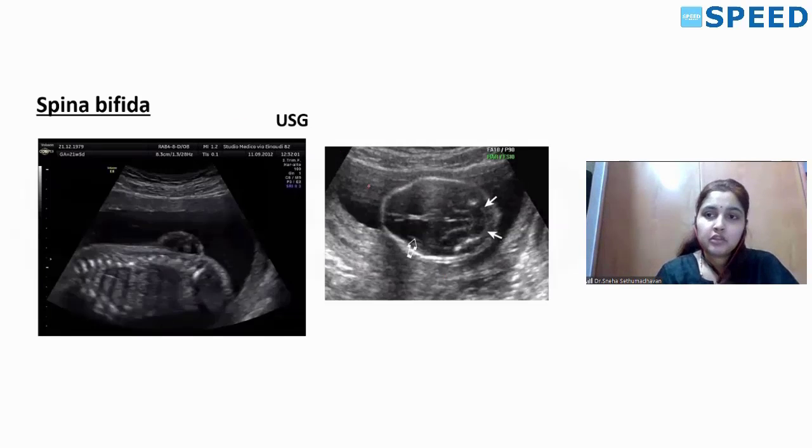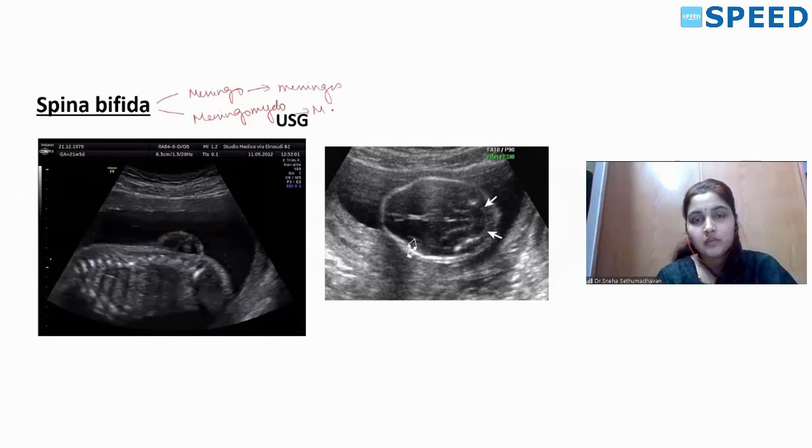Okay. The other kind of neural tube defect is spina bifida. This can have a variety of presentations like meningocele or meningomyelocele. Basically, this is because the neural tube does not fuse, and meningocele is only when the meninges protrude out.